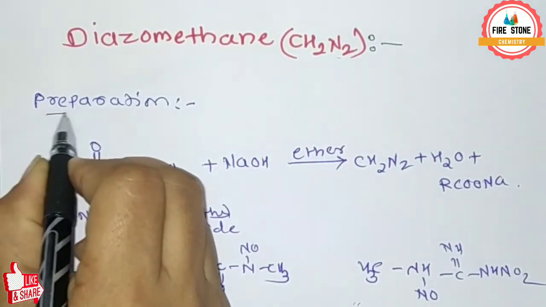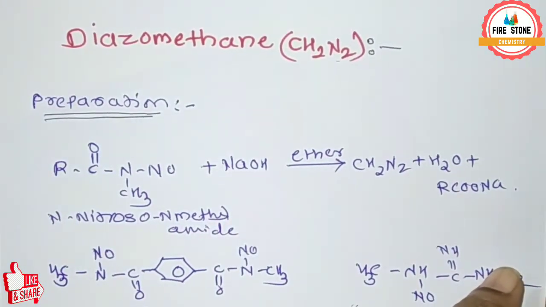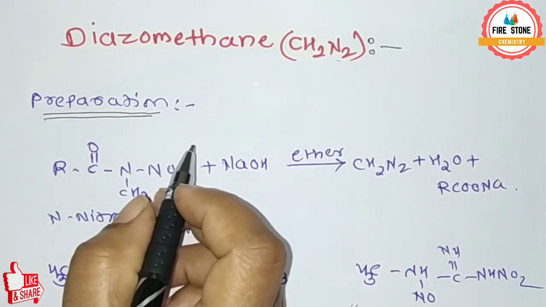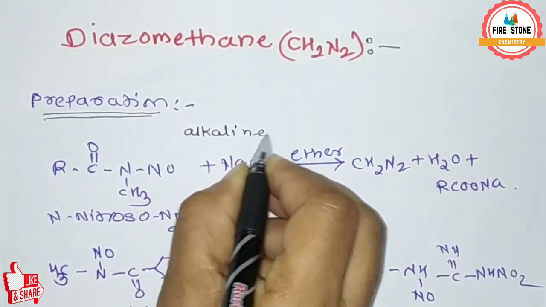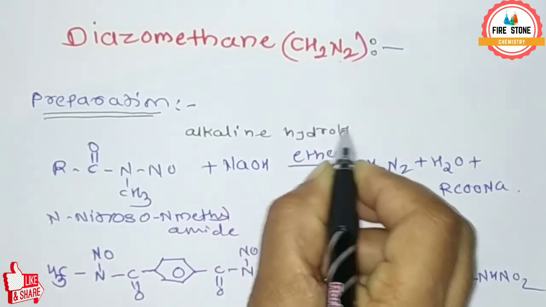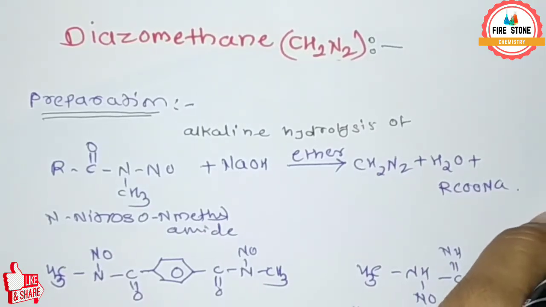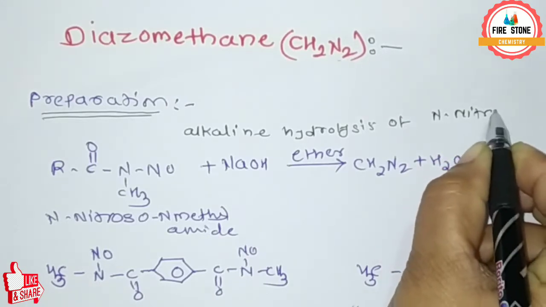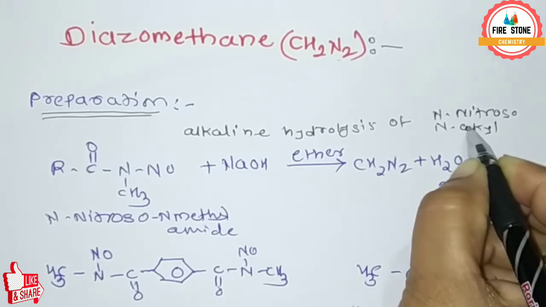So see the preparation of diazomethane. The general method of diazomethane preparation involves alkaline hydrolysis of various N-nitroso N-alkyl amides.